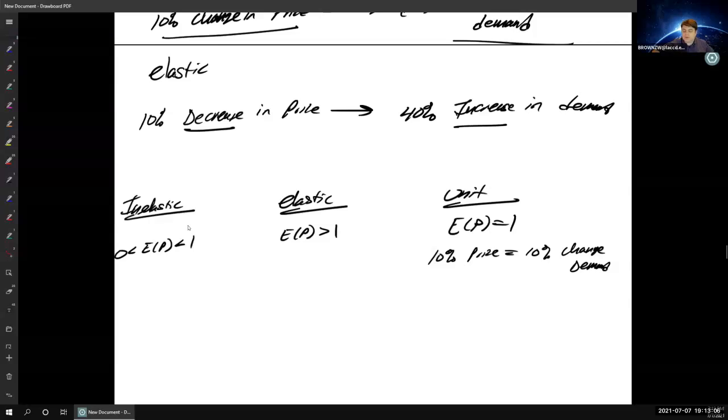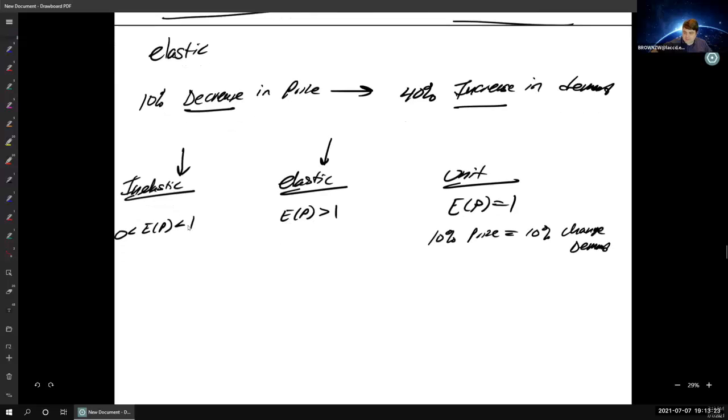Usually what we're going to do is break our function down into where it is inelastic and elastic. We figure out where it's unit elastic, and then everywhere below that it'll be inelastic, everywhere above that it'll be elastic.